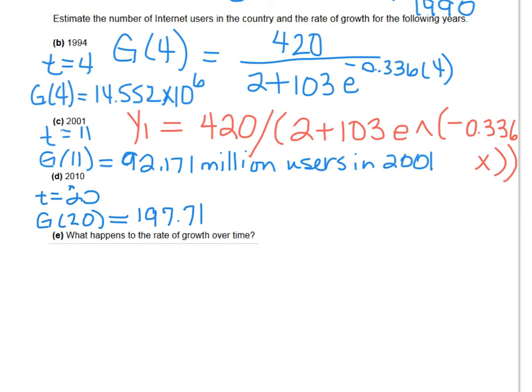And since that's in millions, I'll go ahead and translate that one. 197.71, we're going to move the decimal 6 places.